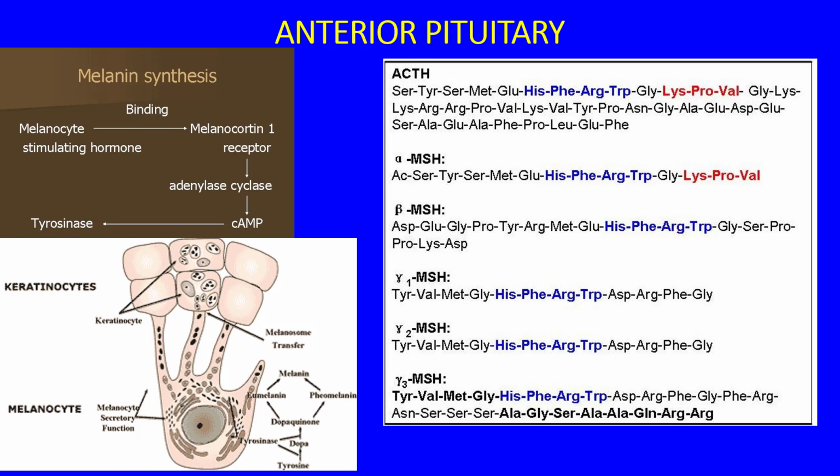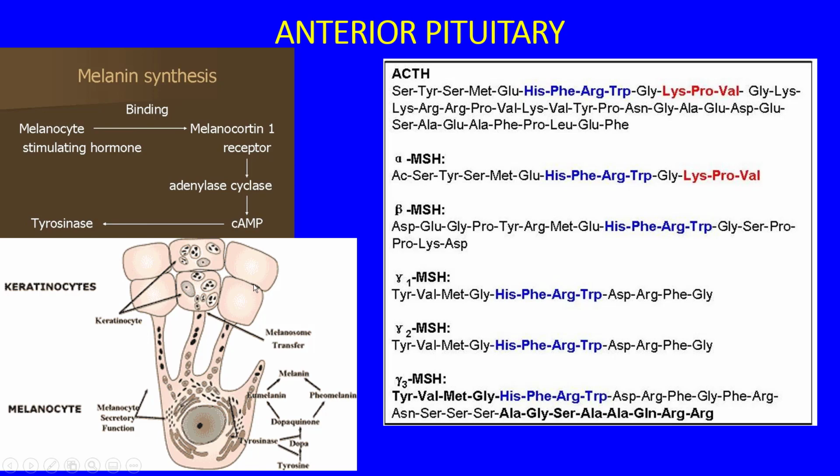And the idea is that tyrosinase is really going to put together two tyrosines to make melanin. You can see right here, they're going to transfer these granules, these melanosomes, which will eventually impregnate themselves into keratinocytes.